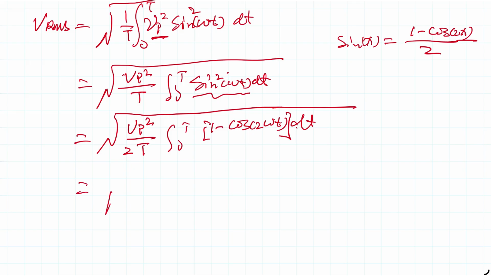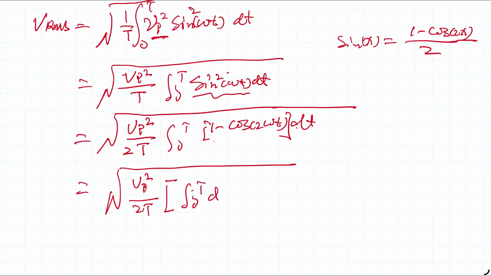Then what we have is Vp squared over 2T, and we first integrate the first part from 0 to T dt, because there's a 1 here, and integrate the second part from 0 to T of cosine 2 omega t dt.